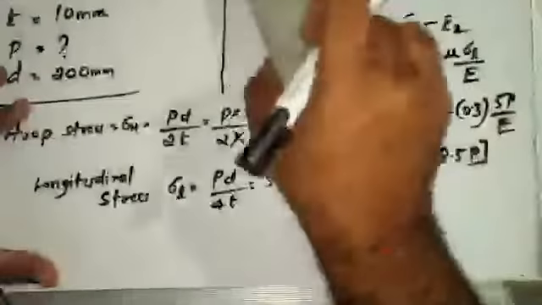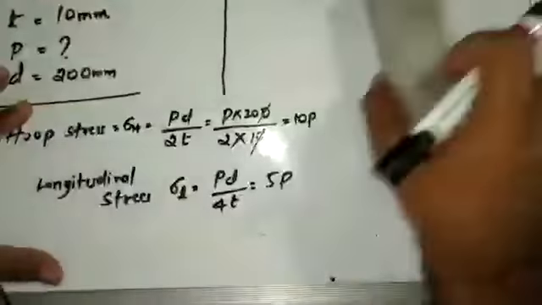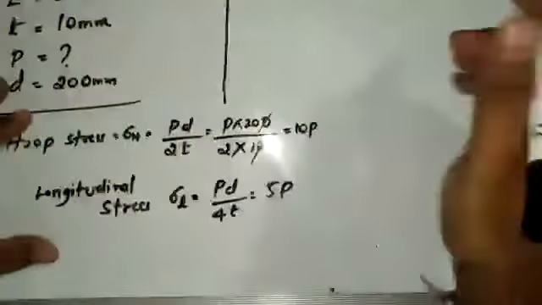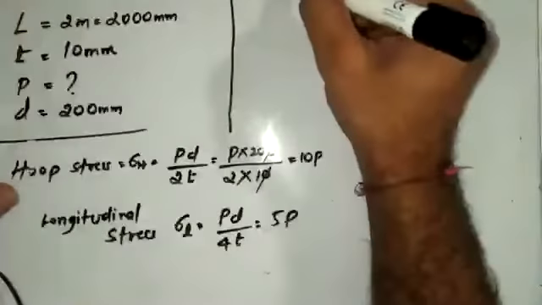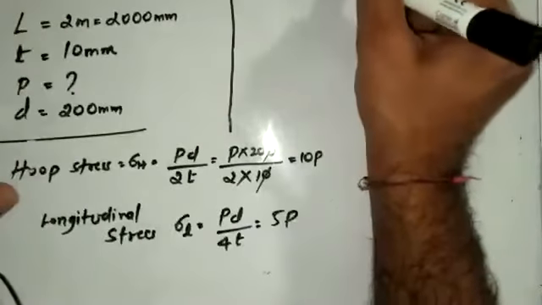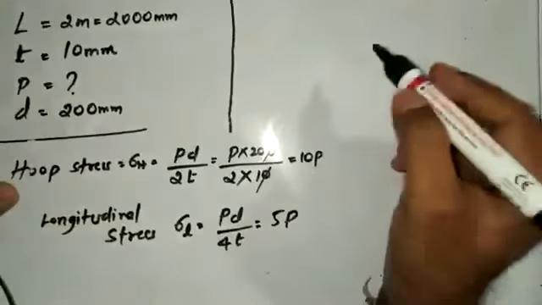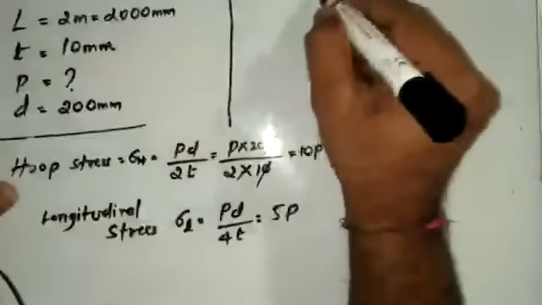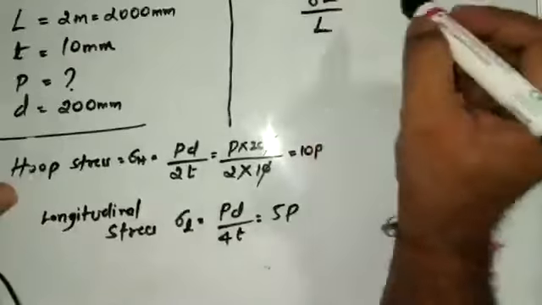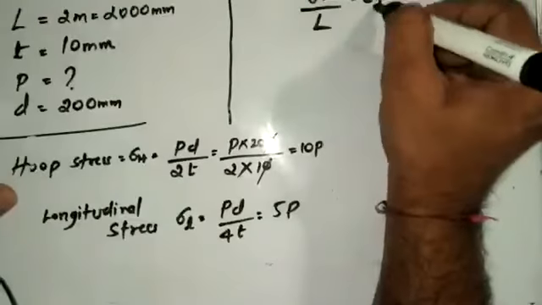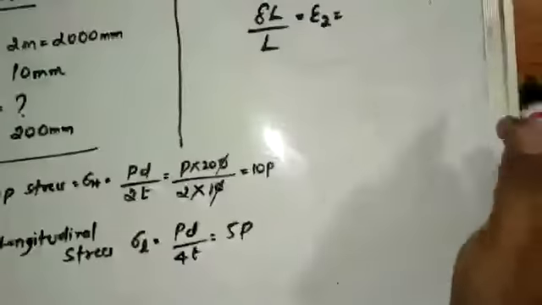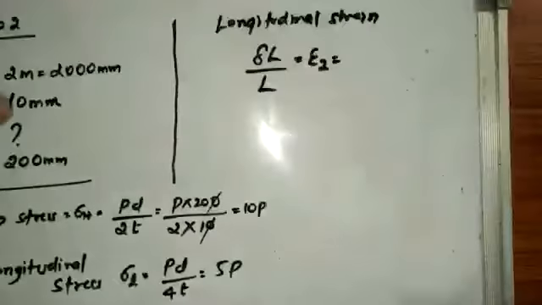Now take the longitudinal strain, change in length. Okay, strain. So change in length upon original length. Consider this as epsilon 2.